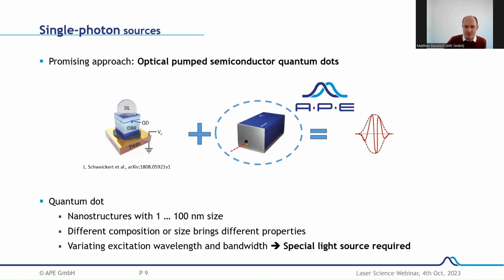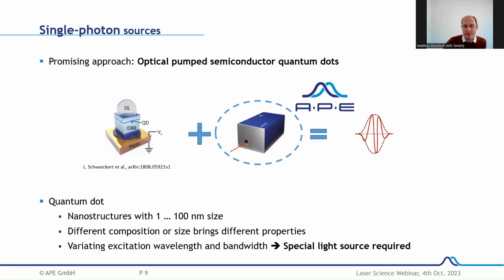There are a lot of different approaches for how to grow them, which kind of material to use, which kind of sizes and structures one can use. And it is important to know in this context that the different kinds of quantum dot systems have varying excitation wavelength and also bandwidth.